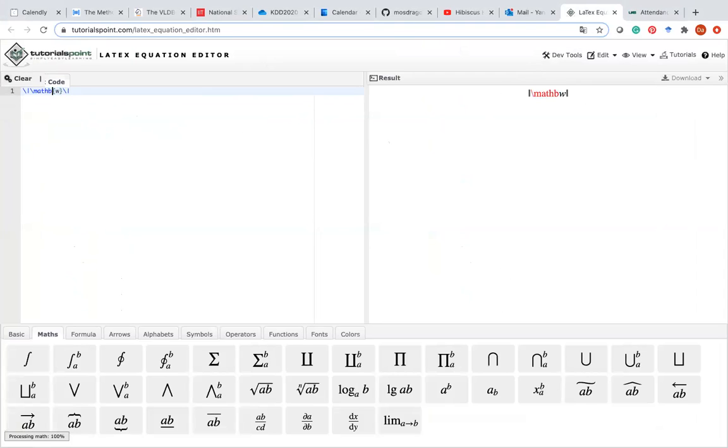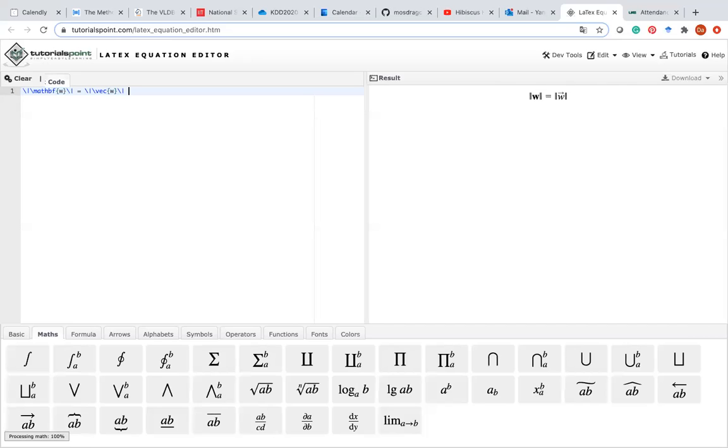So BF, okay, boldface. These days people try to use boldface to mean a vector, okay? It's equivalent to if you use a vec W, okay? Right, so basically we are talking about W is a vector, okay?